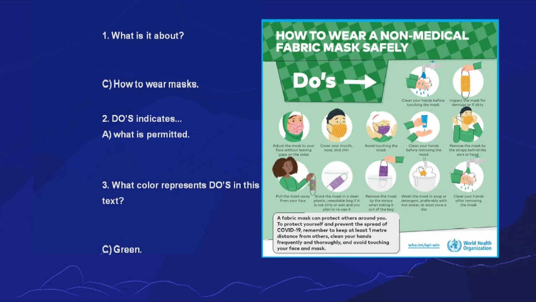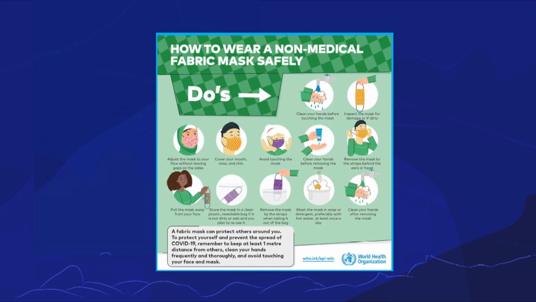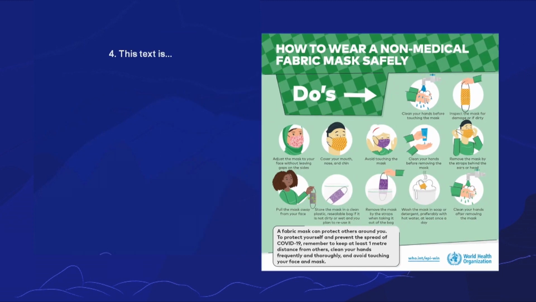Let's continue. Pay attention to the text one more time. And tell me, this text is letter A, a map. Letter B, a graphic. Letter C, an infographic. The answer is letter C, an infographic.